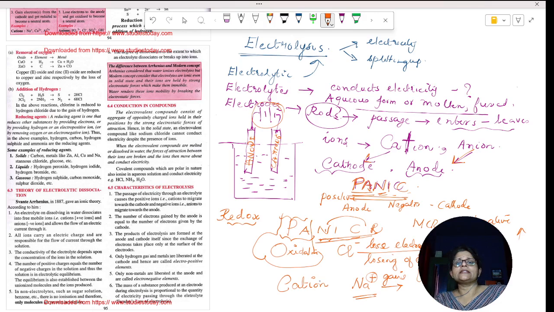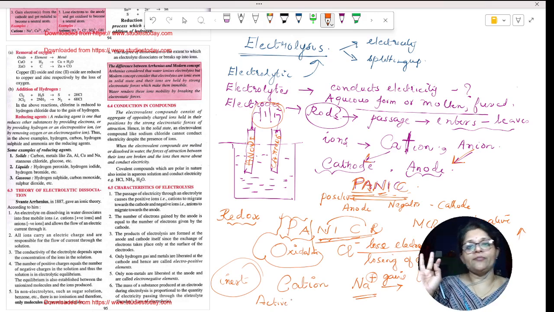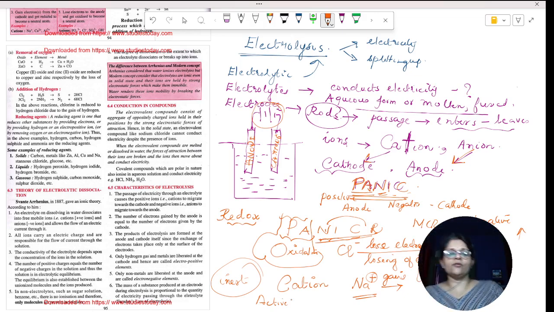And again, sometimes there are electrodes which are inert, that is, inert electrodes and active electrodes. The inert electrodes do not participate in the chemical reaction. They only stand there just to pass electricity into the water or to take out electricity. Just a medium for electricity to enter or leave.